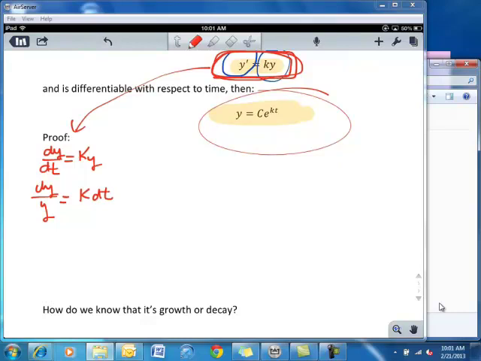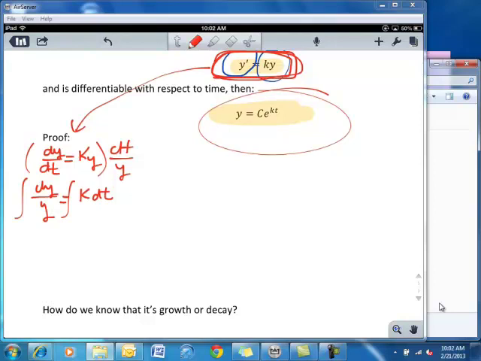What I essentially did there is multiply both sides by dt and divide both sides by y. So y is on the left and dt on the right. All that okay? Once you've separated the variables, the next step is integration. So let's integrate both sides.